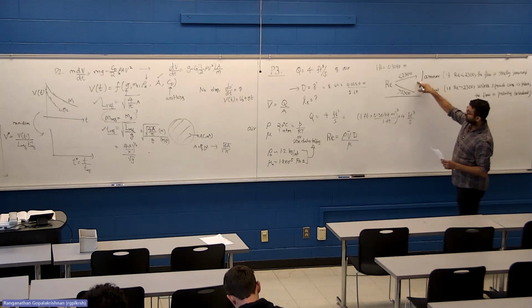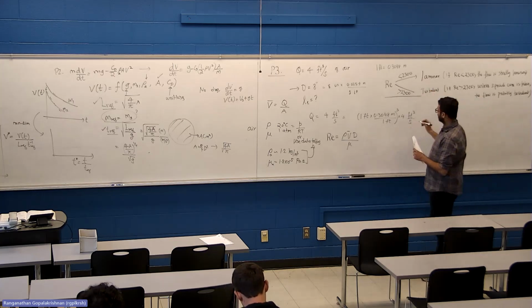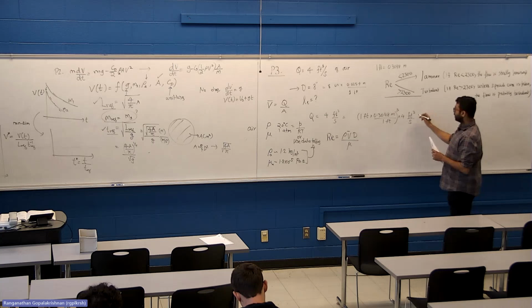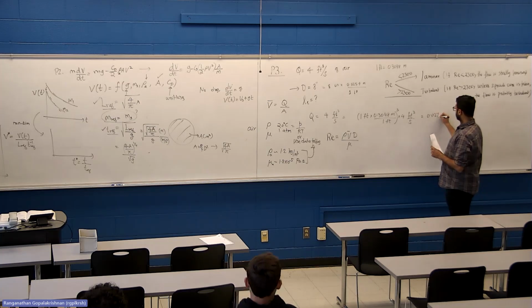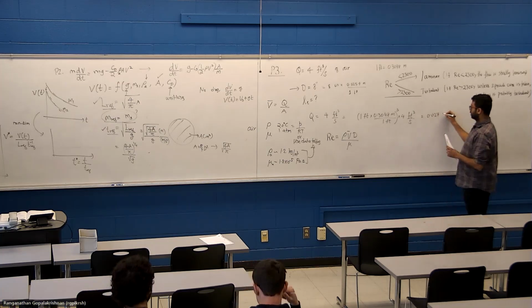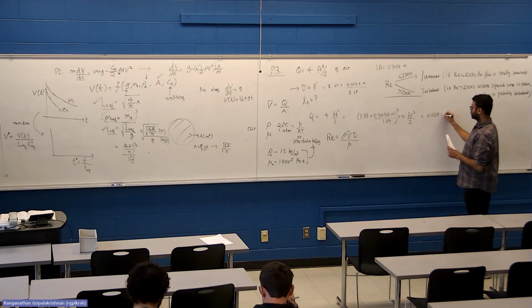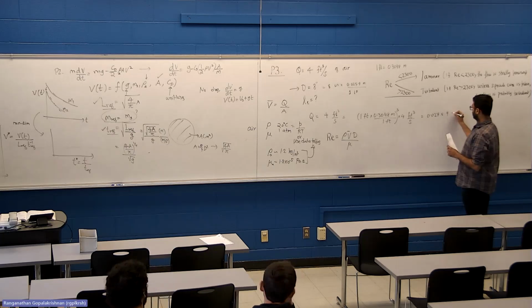Just so we actually use one of those two entrance length relationships, can we at least estimate Reynolds number? So this will be 0.3 cubed, which is 0.027, times 4 meter cube per second.